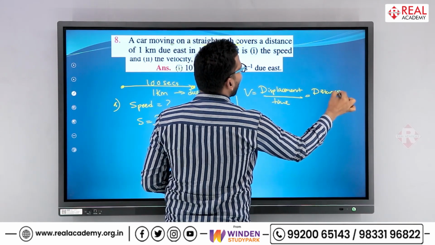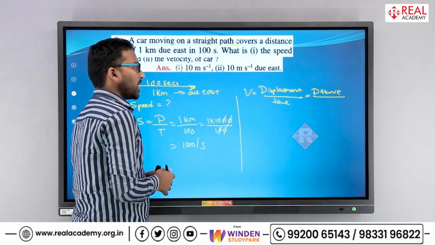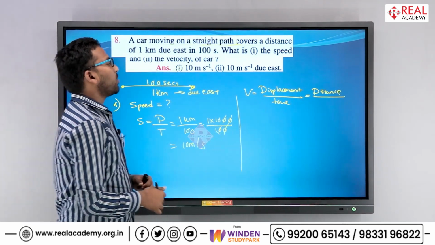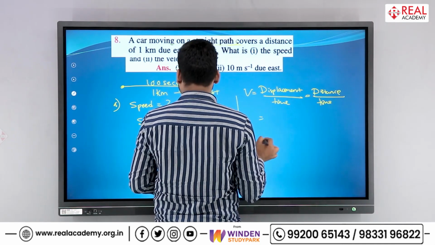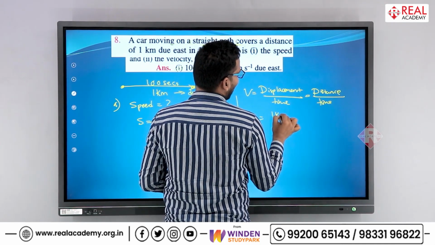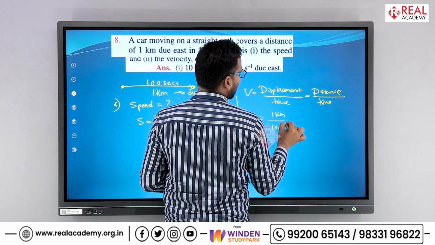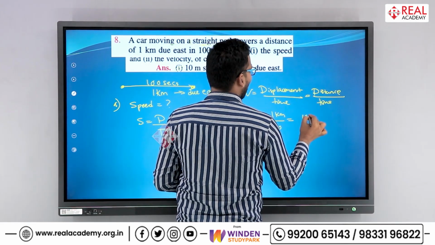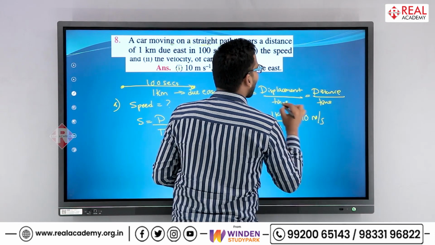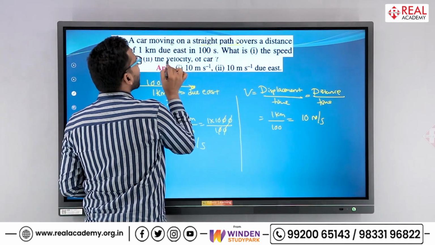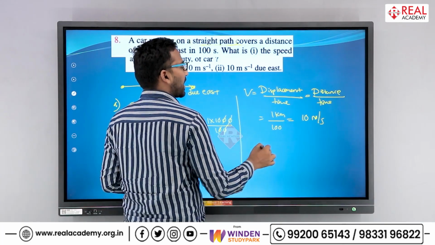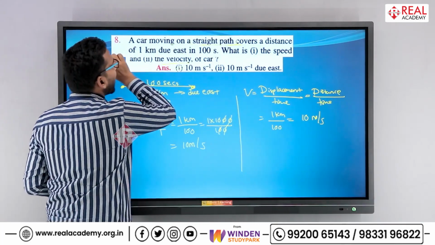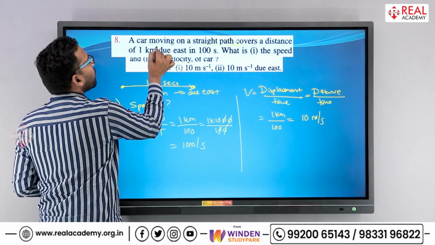Remember this point. For straight path or a linear motion, displacement is equals to distance. So what will be the distance? The same, that is 1 kilometer upon 100 seconds, which is nothing but 10 meter per second. But they have asked us to calculate the velocity of a car. Velocity is having direction as well. So in what direction the car is moving? Due east.